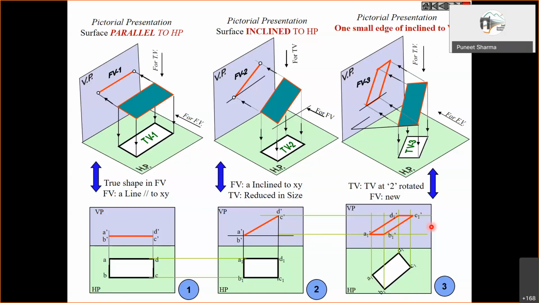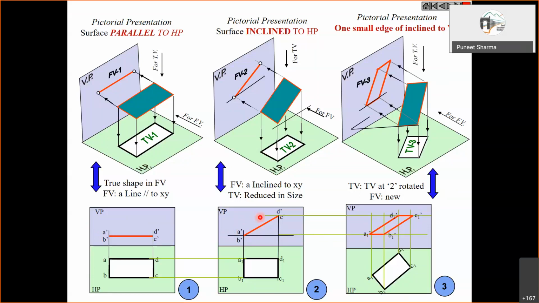Here, one thing let me mention, as we are doing these two operations, that is from 1 to 2 and then 2 to 3. For this case, initially we drew the true shape in the top view and obtained a line view in the front view. Next, we drew the line view inclined at a certain angle.